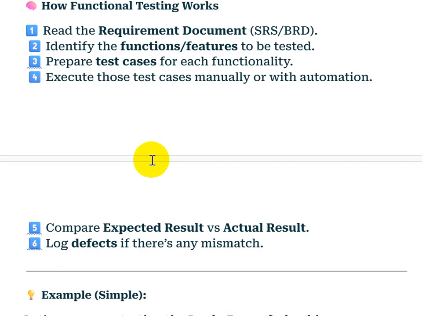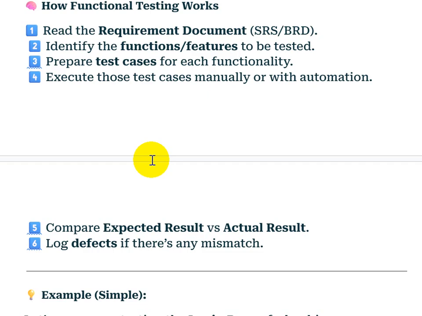That is the actual result. But in the expected result, when the user hits the login button, the system should navigate to the home page. So it's an imagined thing, but the actual result is verified when the application comes to testing.